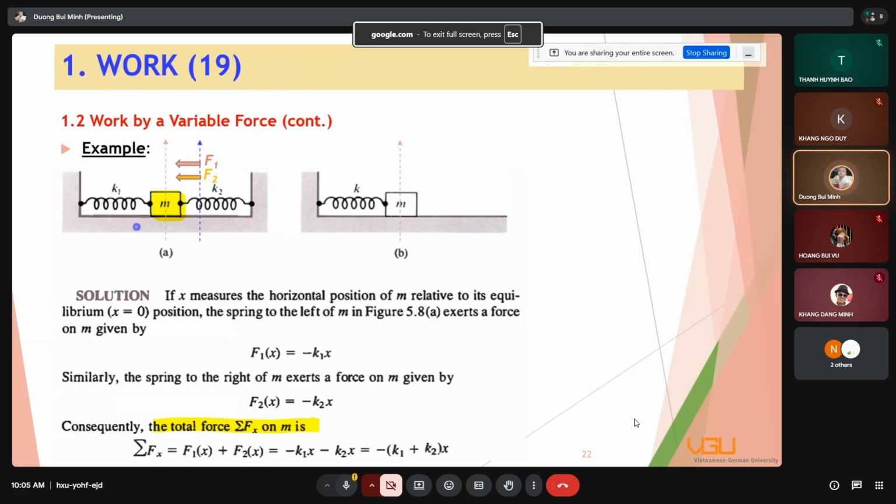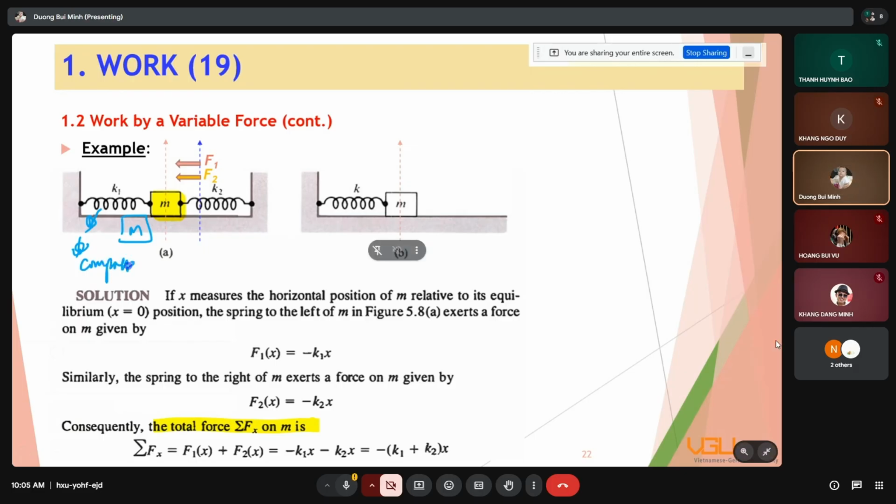So, for example, if the object moves here, this spring is compressed, right? And this spring is stretched, right?